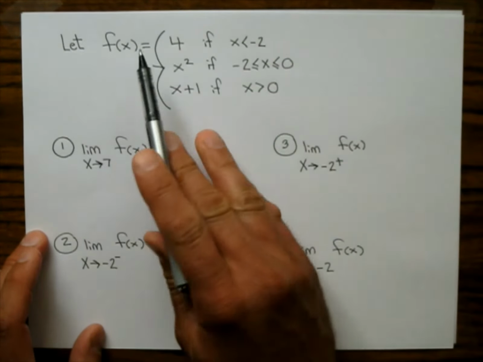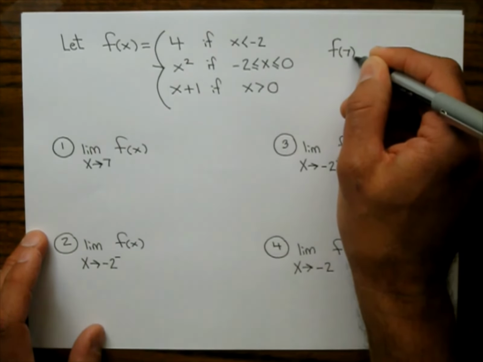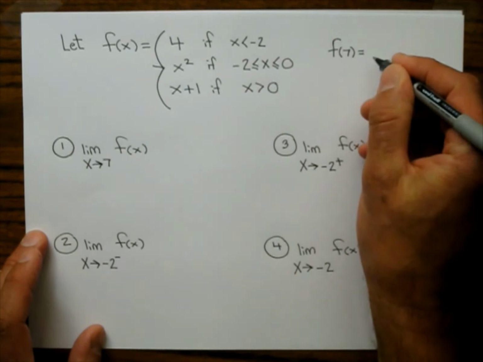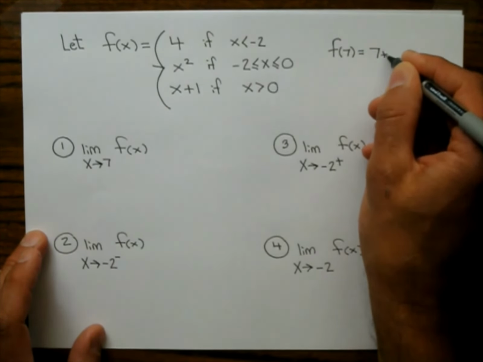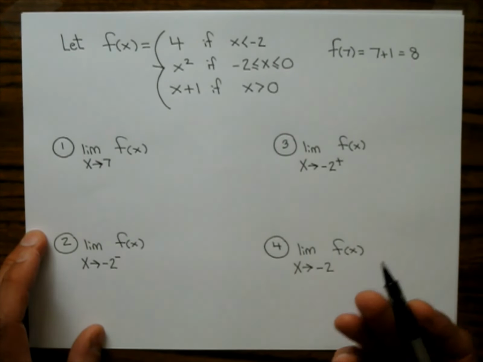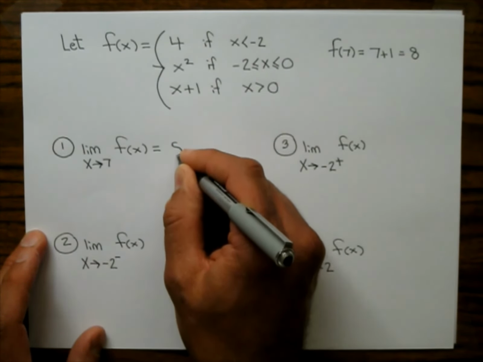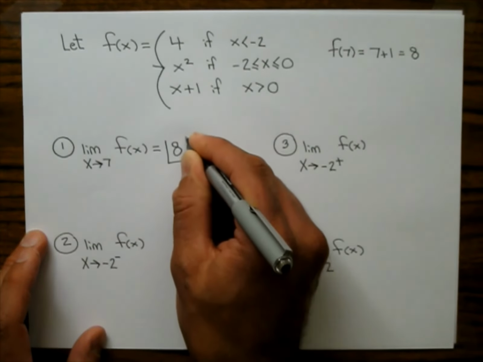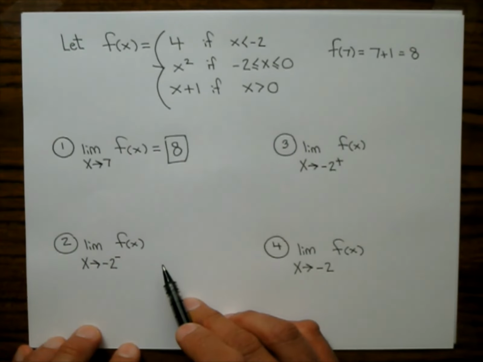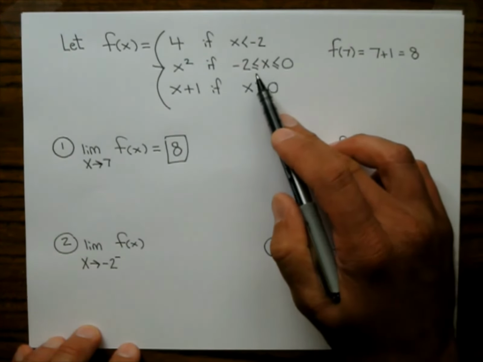So if you went f of 7, you would actually put it down here. So you would go 7 plus 1, which is 8. So there's no problem with doing a substitution on this. This one's just a sub, and you get 8 for the answer. The only 2 problem points on this problem would be -2 and 0, because those are where things change.